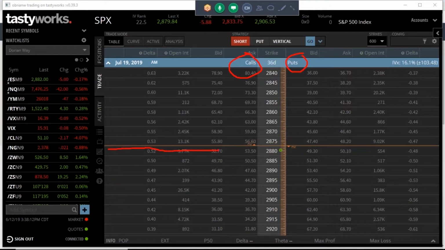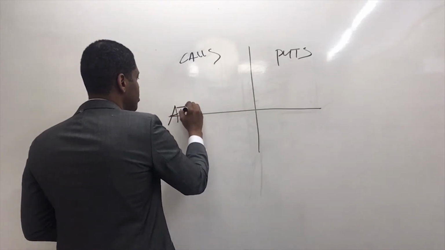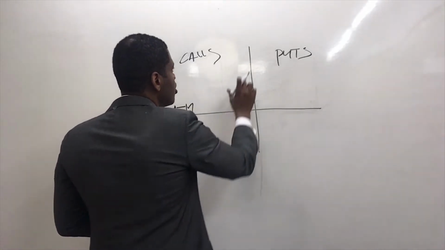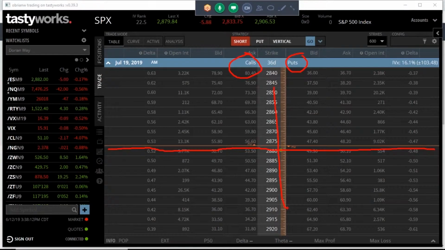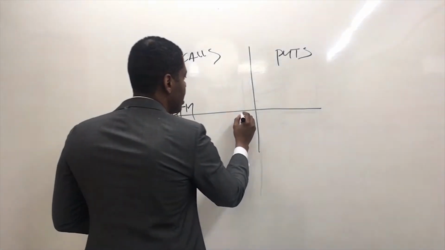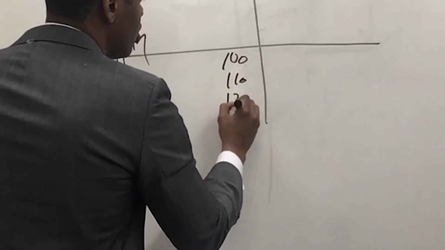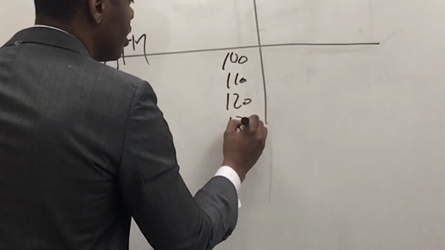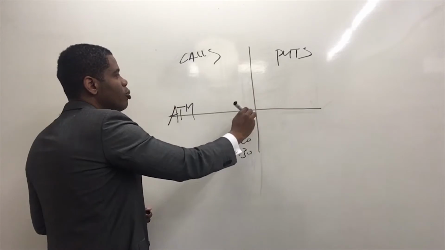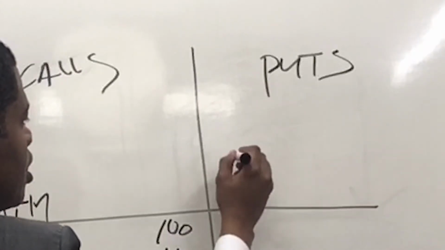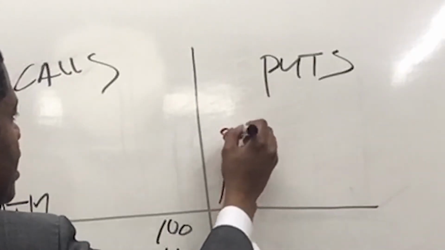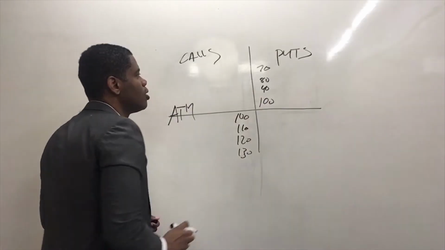The horizontal line down the middle is called the at the money line, and the vertical line down the middle is where the strikes are normally at. On the call side, we have the 100 strike, the 110, the 120, and the 130. On the put side, we have the 100, the 90, the 80, and the 70.